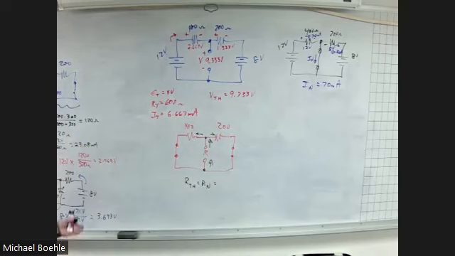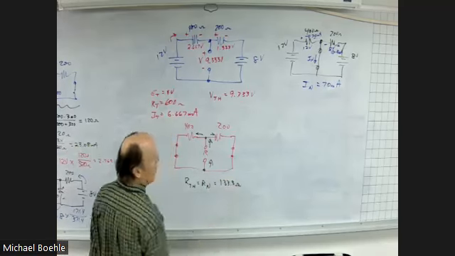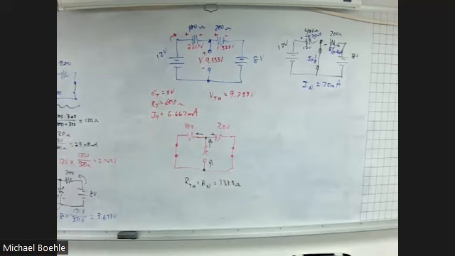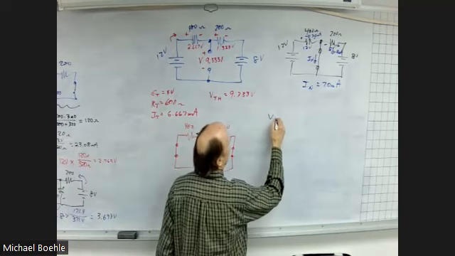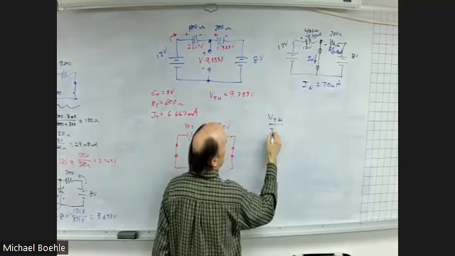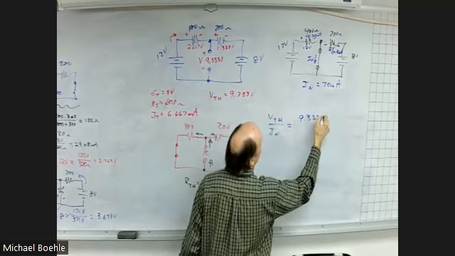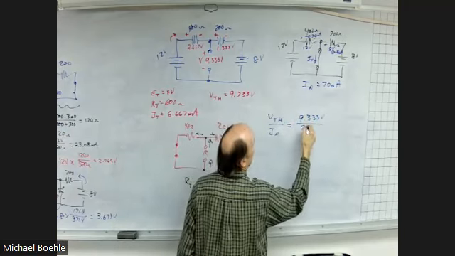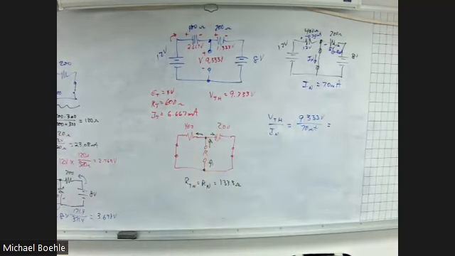Okay? It's going to be 400 parallel with 200. So that'll be 800 divided by 600. So that'll be 133.3 ohms. So if I had taken the Thevenin voltage and divided by the Norton current, 9.333 volts divided by 70 milliamps, any guesses what I would have gotten?